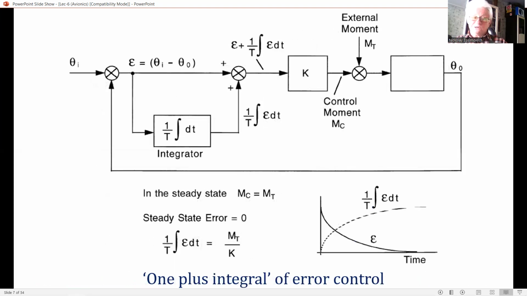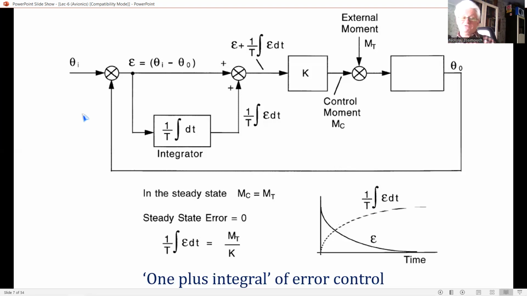However, to generate a control surface moment requires an error signal, so theta sub 0 cannot exactly equal theta sub I.